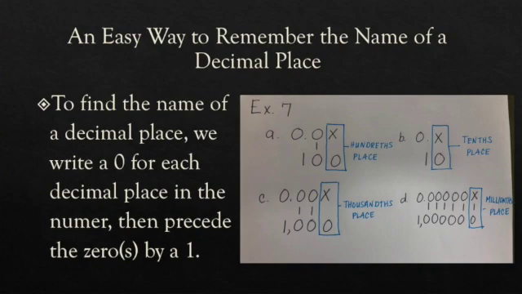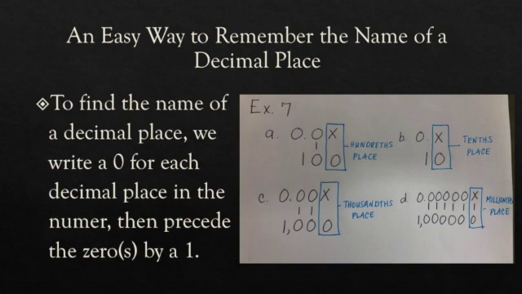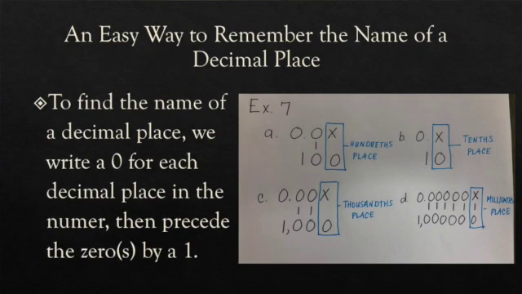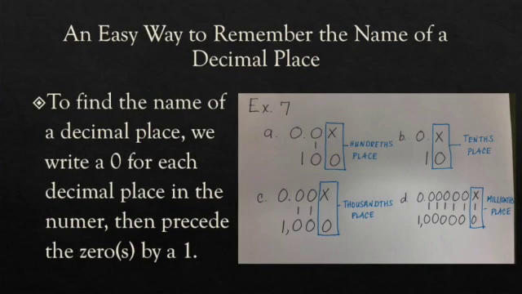If I have 0 point some number, I'm going to put a 1 where the decimal belongs, kind of make that a little bit darker for you, and then just put a 0 where the next number lies. This is the tenths place.